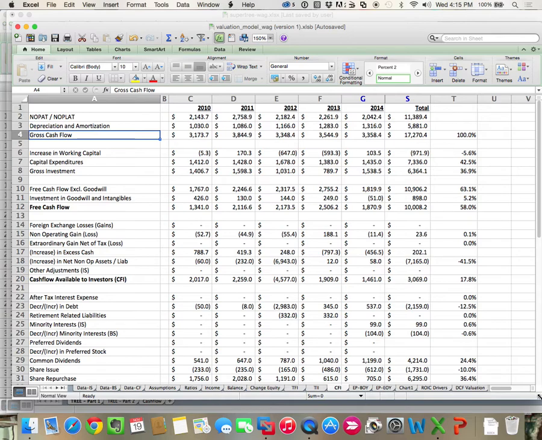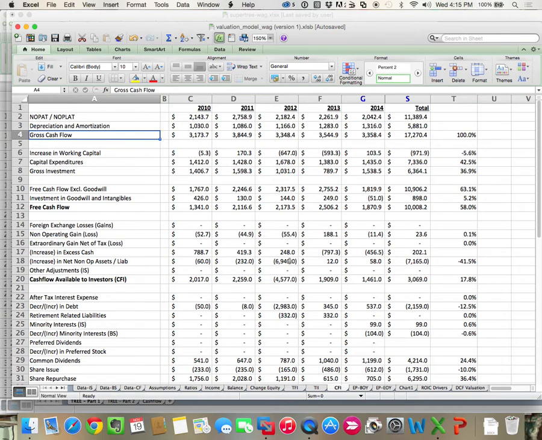So what really matters? Similar to what I showed you on the super tree part of the CFI, for Walgreens, $17 billion worth of gross cash flow, $6 billion worth of reinvestment, 37% reinvestment rate, leaving them with about $10 billion worth of free cash flow. They spent $7 billion on non-operating cash.